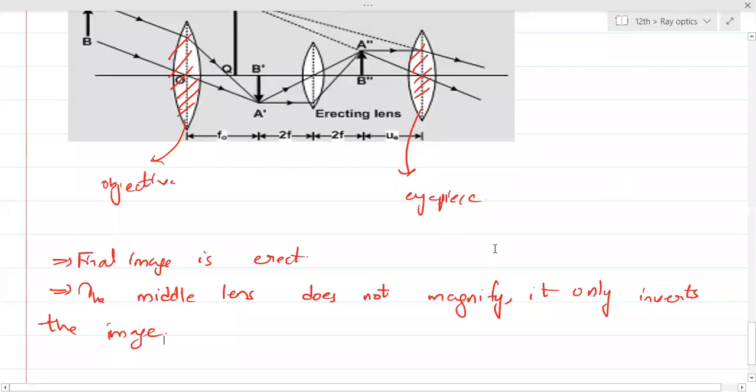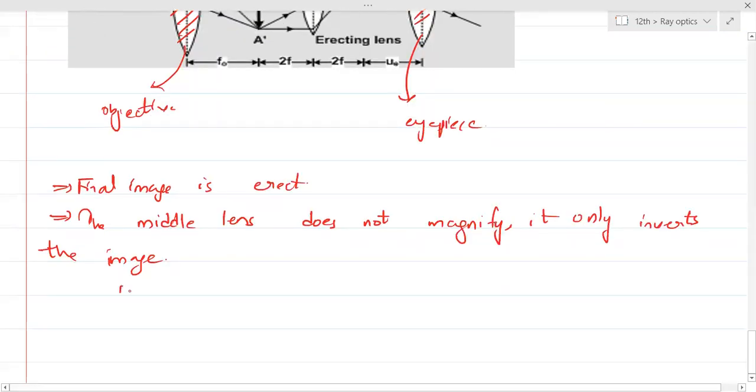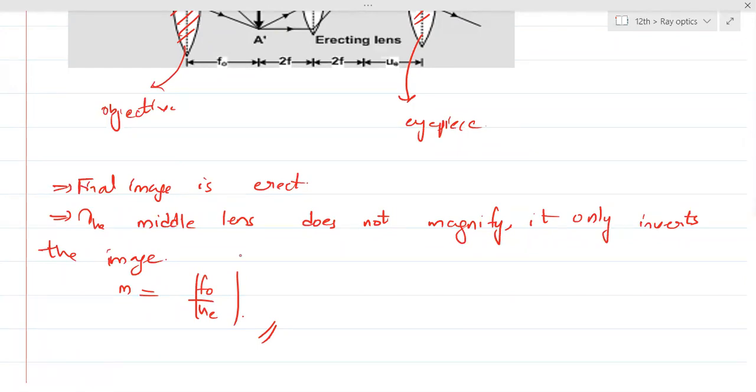Now this is how it should ideally work. So in this case also the magnification doesn't change. M will be equal to F naught upon FE, not minus, positive, because the minus will not come. The magnification will remain the same because the middle lens does not magnify in this case. So that's the use of a terrestrial telescope.